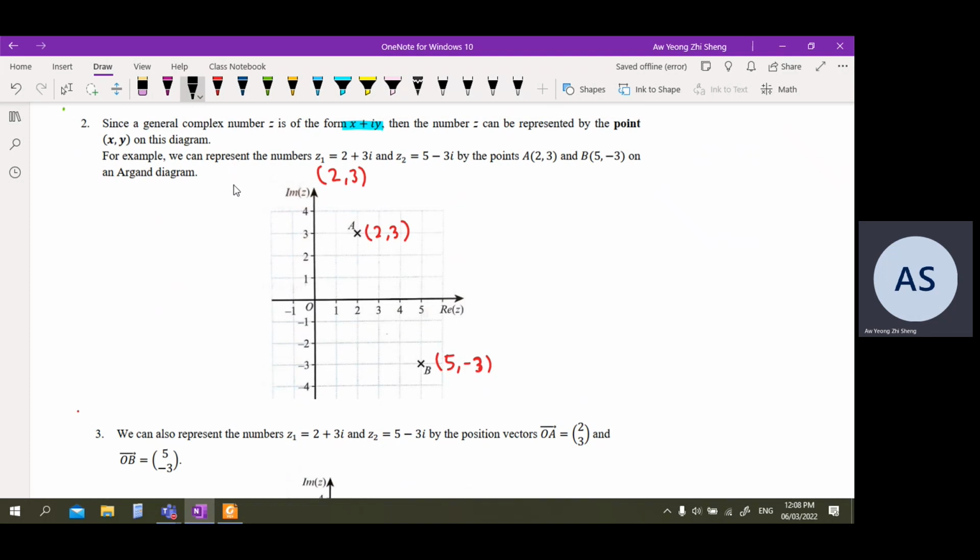Earlier in point number 2, they have already plotted the point representation of those two complex numbers on the Argand diagram.